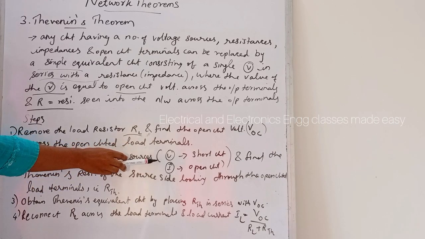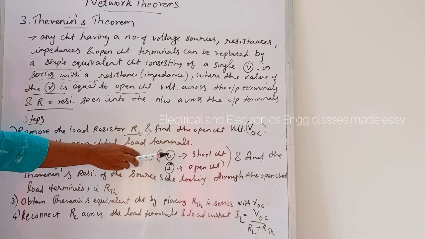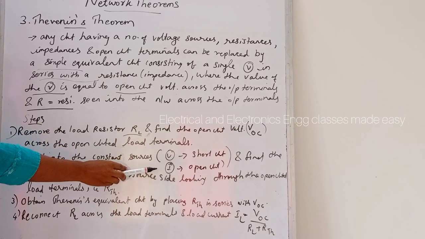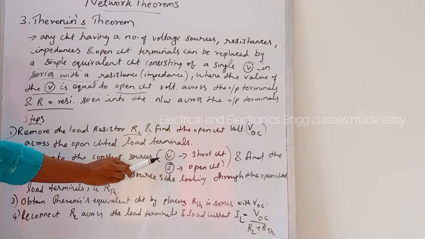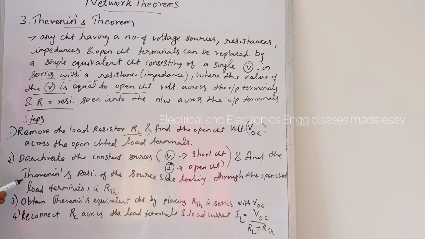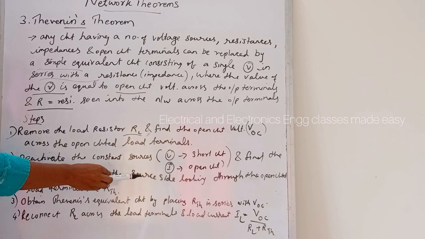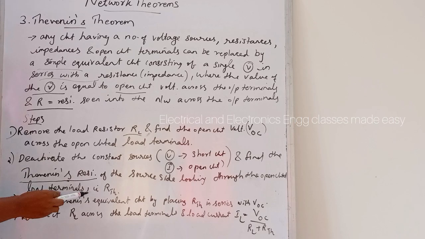For the voltage source, replace it by its internal resistance, that is a short circuit, and for the current source, replace it by an open circuit. Then find the Thevenin's equivalent resistance, that is the resistance of the source side looking through the open circuited load terminals, that is RTH.